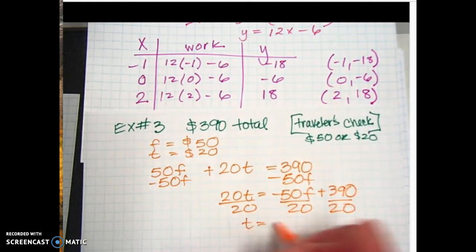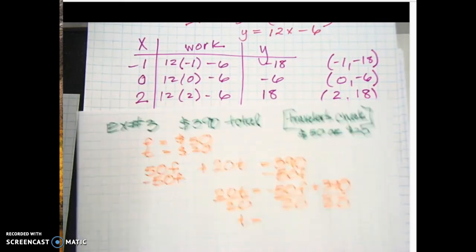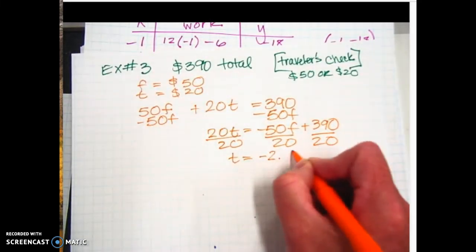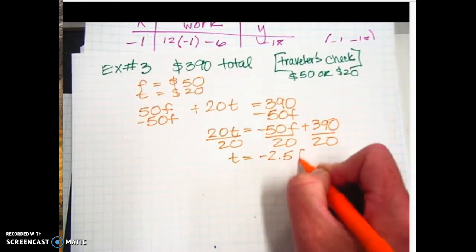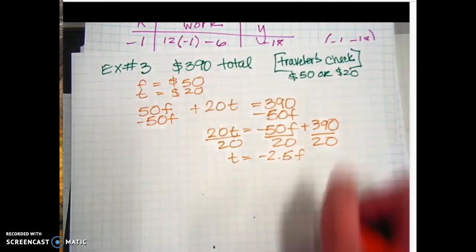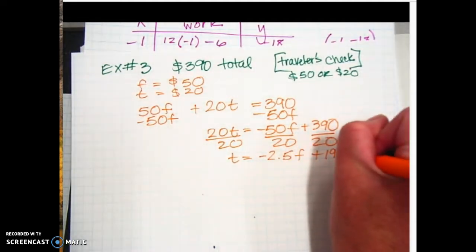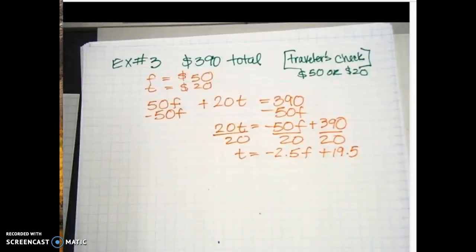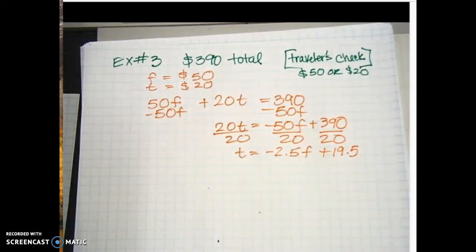And we get t equals, I'm going to reduce this. 20 goes into negative 50, negative 2.5 times. And then 20 goes into 390, 19.5 times. Try those on your calculator if you need to. Okay.